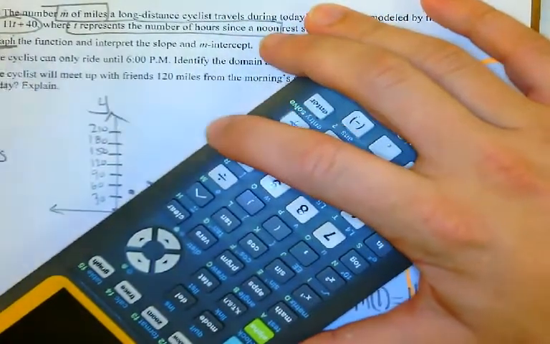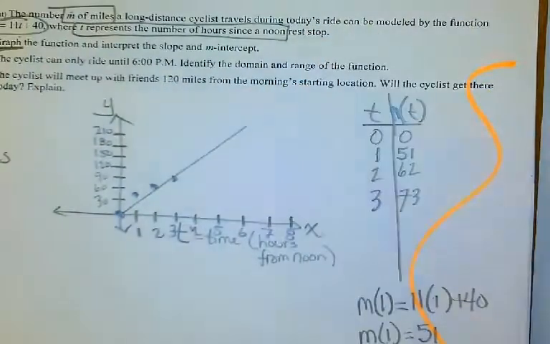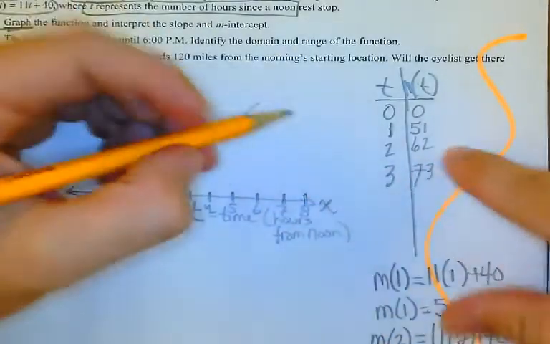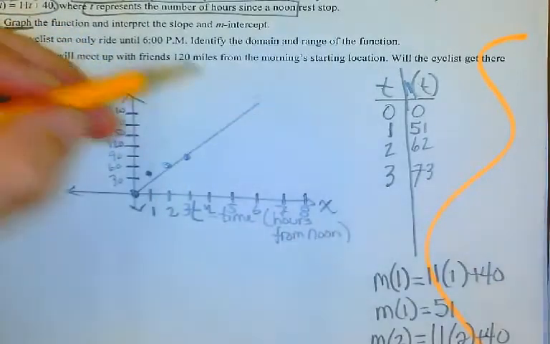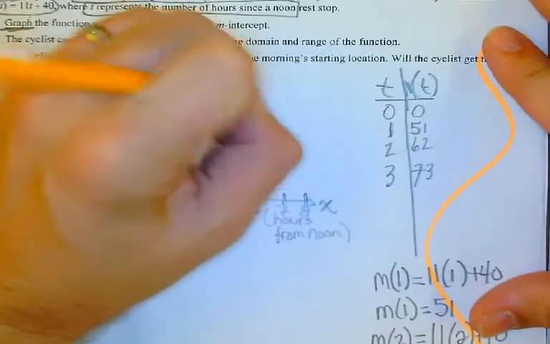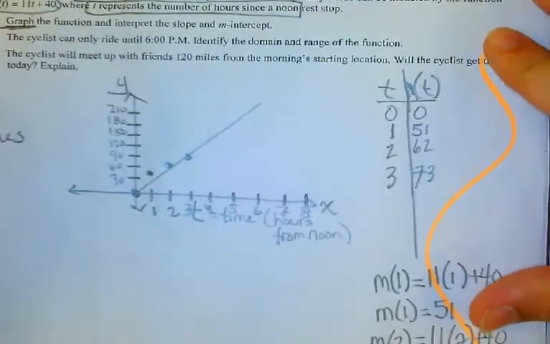All right, we can draw our line out. And I'm not going to put any arrow markings on here because at some point I'm going to get tired and want to stop riding my bicycle. So I'm not going to stop the line.